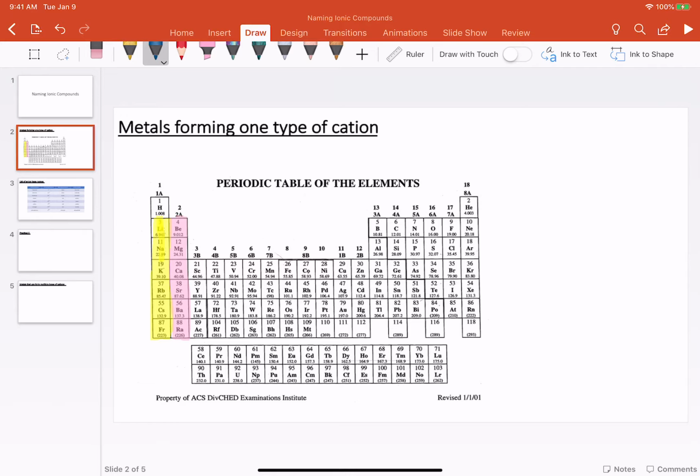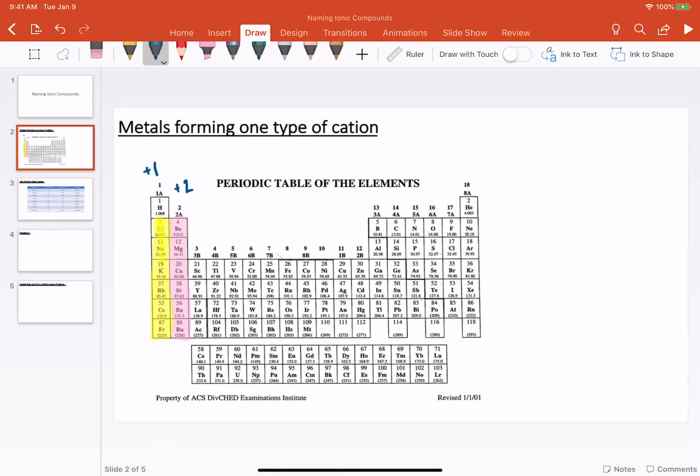The group 1 metals are going to form a +1 charge. Group 2 metals will form a +2 charge. There are other metals on the periodic table, but we're going to look at that next. That is going to form our second type of ionic compound. So this is for type 1, metals that form only one type of cation, things in group 1 and 2.